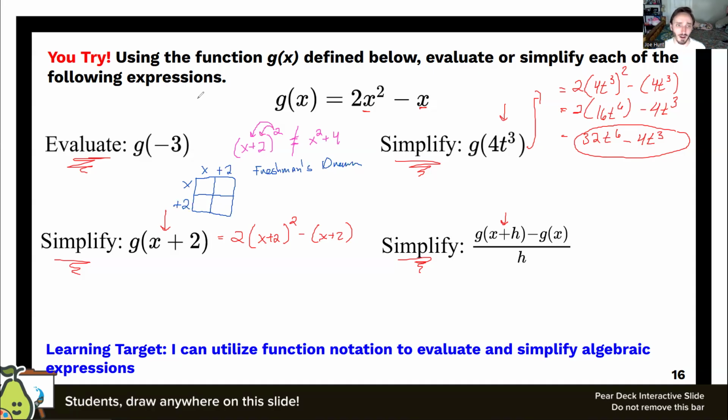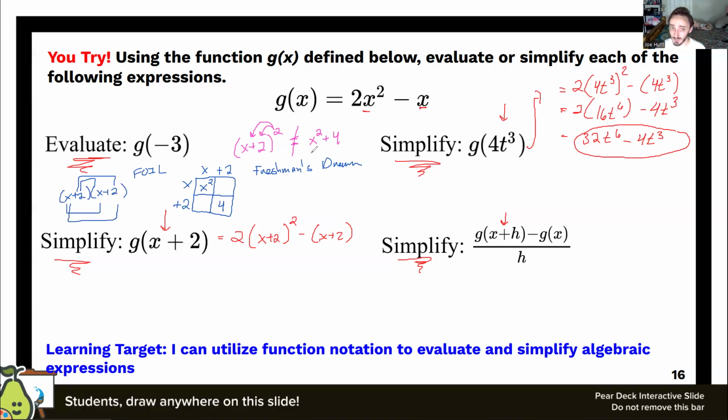So what you can think about here is, depending on how you've been seeing this, foiling these two terms together, where you do first times first, first times outer, inner times inner, and then last times last. Or, in my opinion, something that's a little more efficient is you use an area model, a little 2x2 multiplication chart. X times x is x to the second, and 2 times 2 is 4.